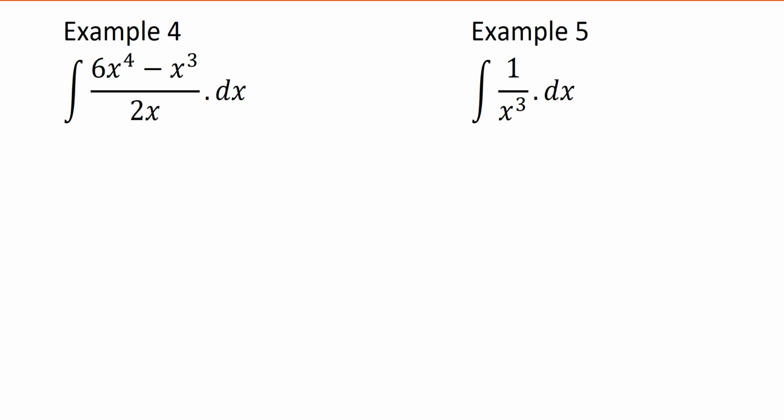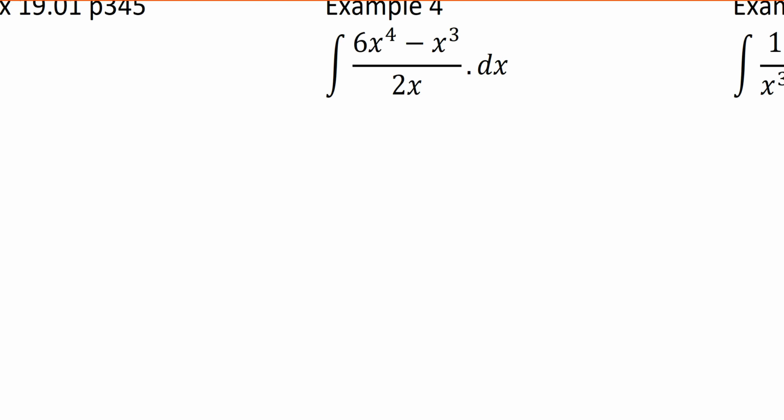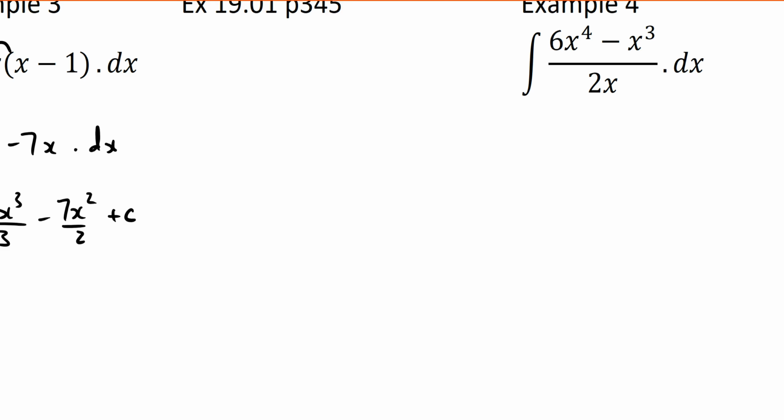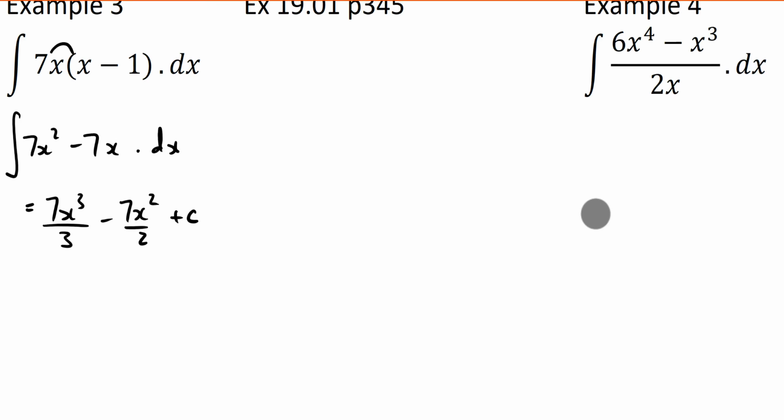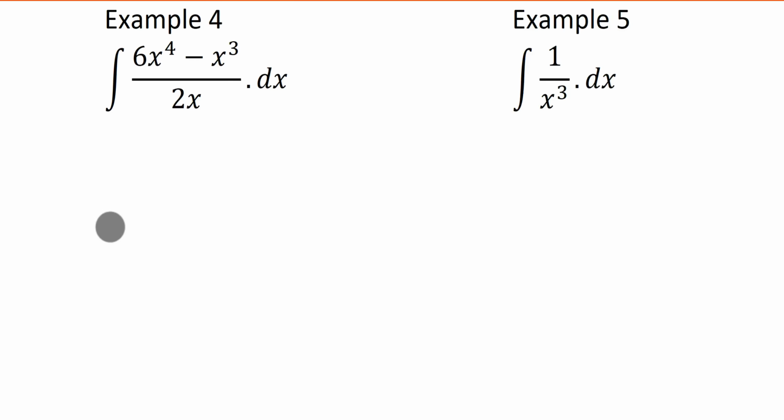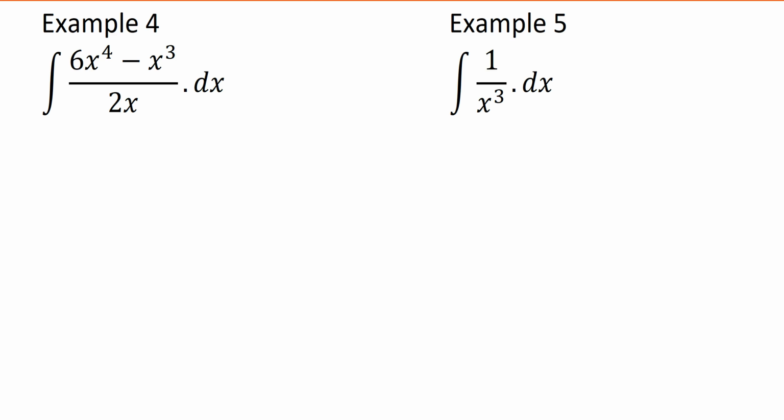Here's a couple of other examples. How would I do these ones? Divide by x first. The first one you just divide by x. Yeah, so you simplify these ones. Just like over here, where we expanded that bracket, here, if we simplify that one first, it should become a little bit easier.